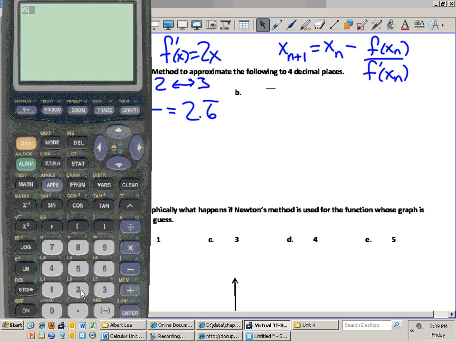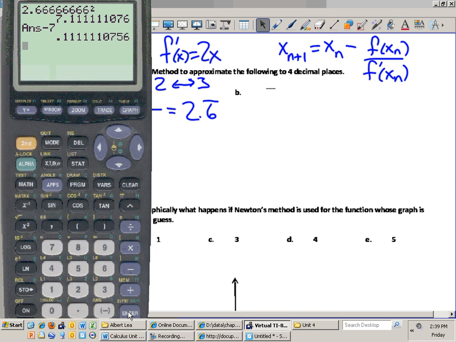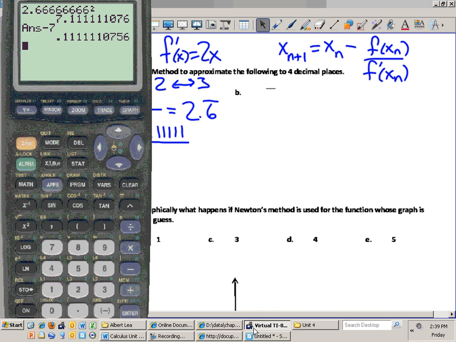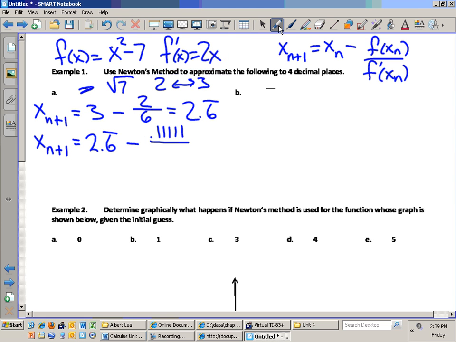Well, let's try that. 2.6 repeating squared minus 7, and I get about 0.1 repeating, looks like. So 0.11111 over, and on the bottom we would have the derivative evaluated at that guess, so 2 times 2.666 repeating, which is 5.333 repeating.